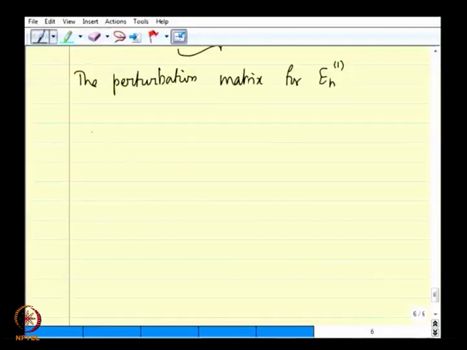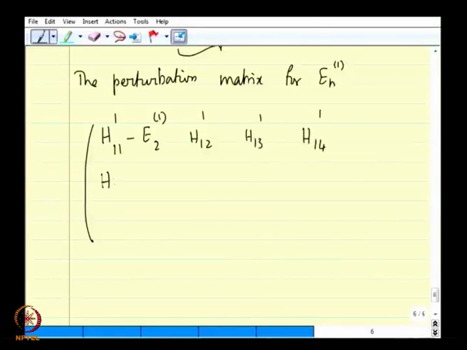So if we write these, the matrix will be H1 1 1 minus E2 correction to order lambda, the first order, H1 2 1, H1 3 of 1, H1 4 of 1, and H1 2, H2 2 minus E2 of 1, H2 3 1 1.